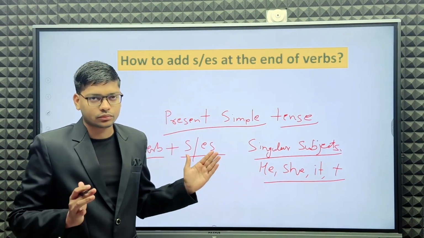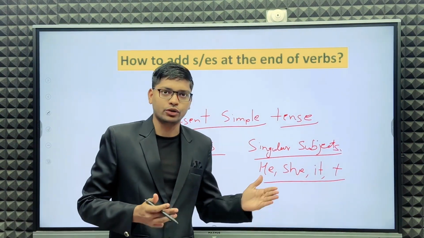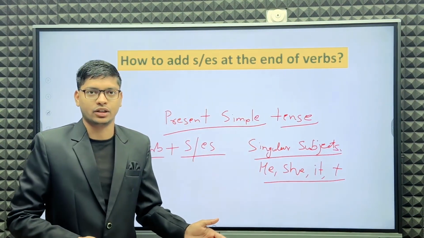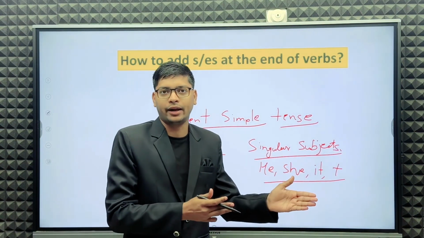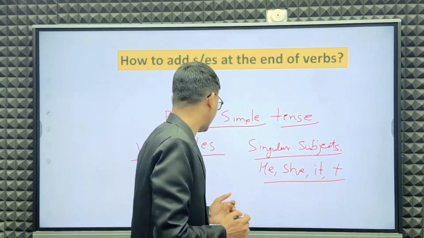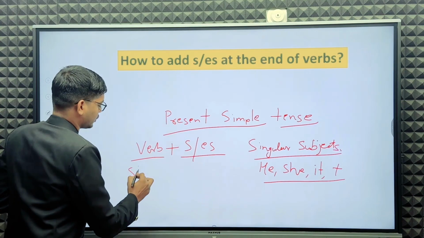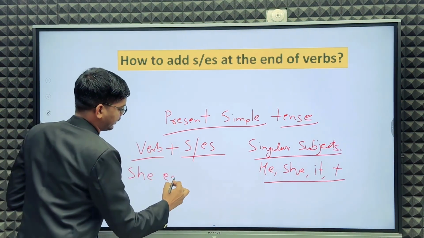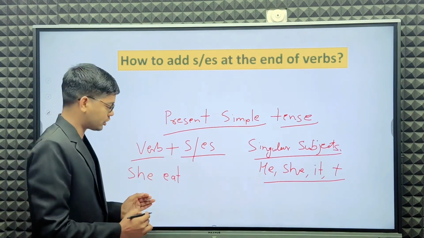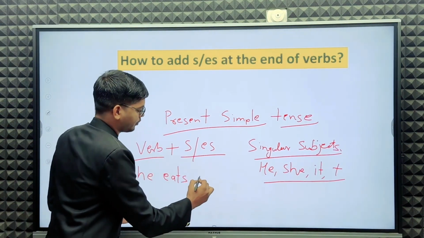So when you create a new sentence with a singular subject in present simple tense, then you need to add s or es to the verbs. For example, she eat, not she eat, wrong concept, she eats food.